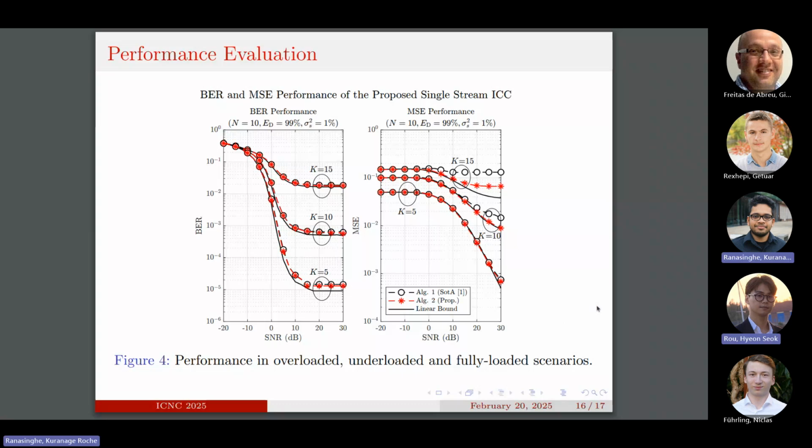So what we are doing here is that, as in a typical system, we assume that our transmit power is limited to one. That means the full power is unitary, right? So we can say the power of the data is going to be 0.99, and the power of the computing signal is going to be 0.01.